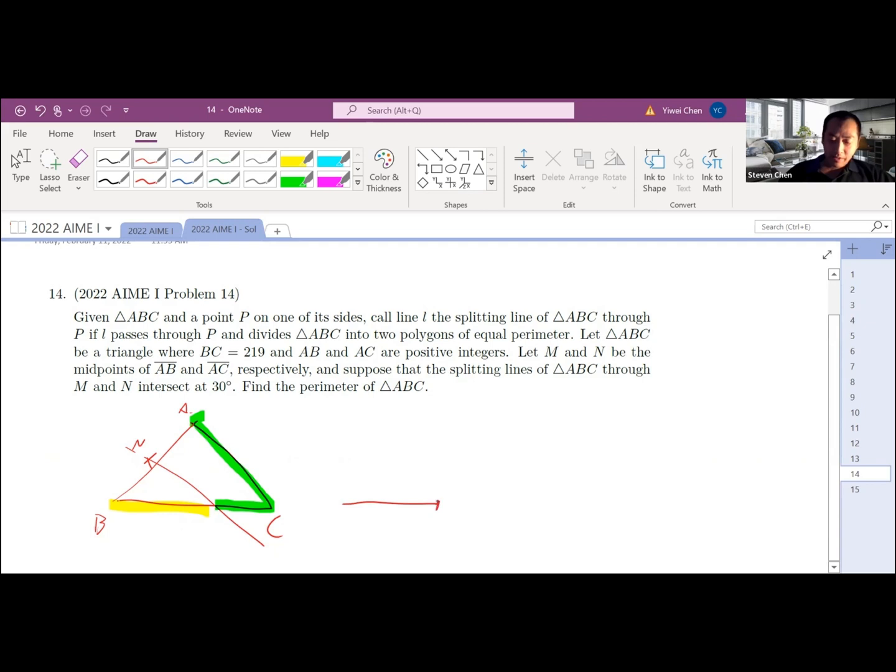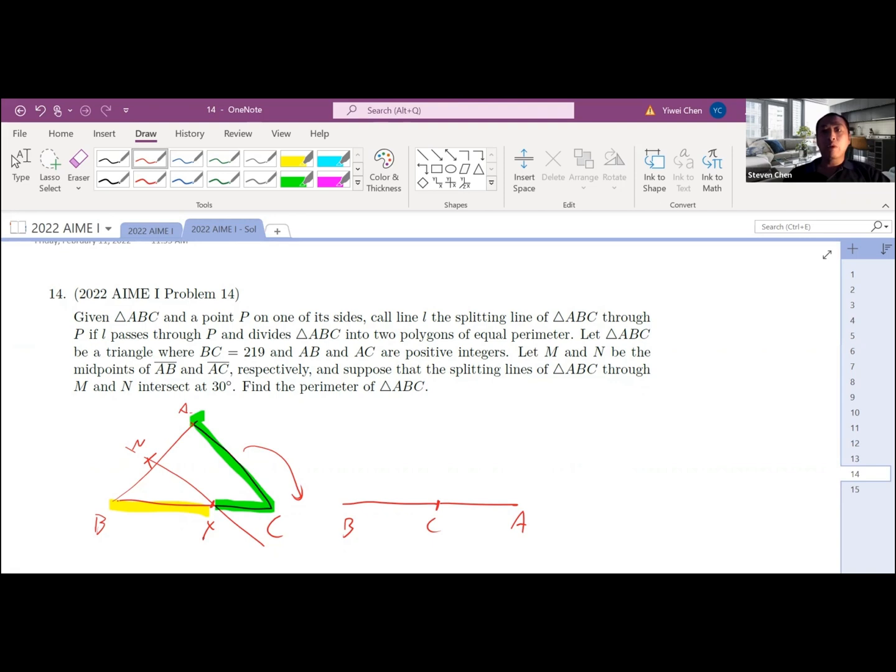Here's BC, and you unfold AC and make it flat to make it here, right? So this cutting point, let me call it X. This is essentially the midpoint of BA. Okay, so this is a very important observation that helps us determine the location of point X.